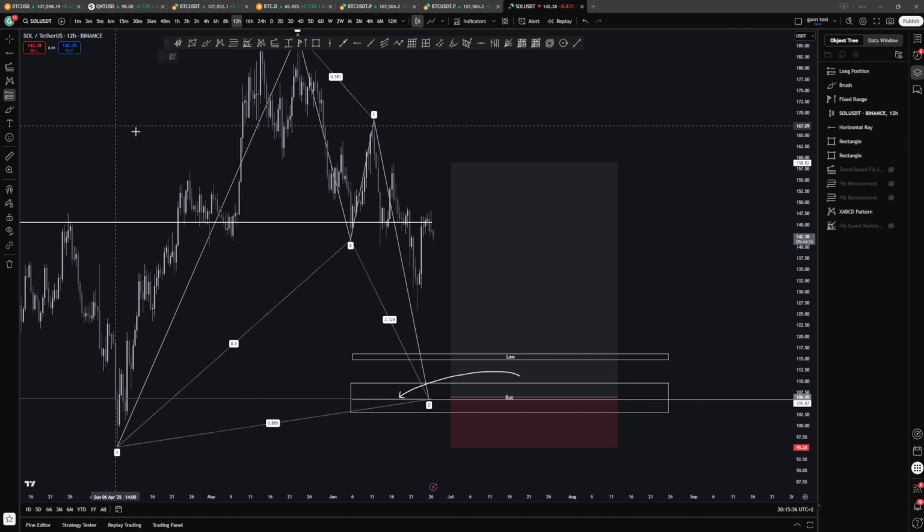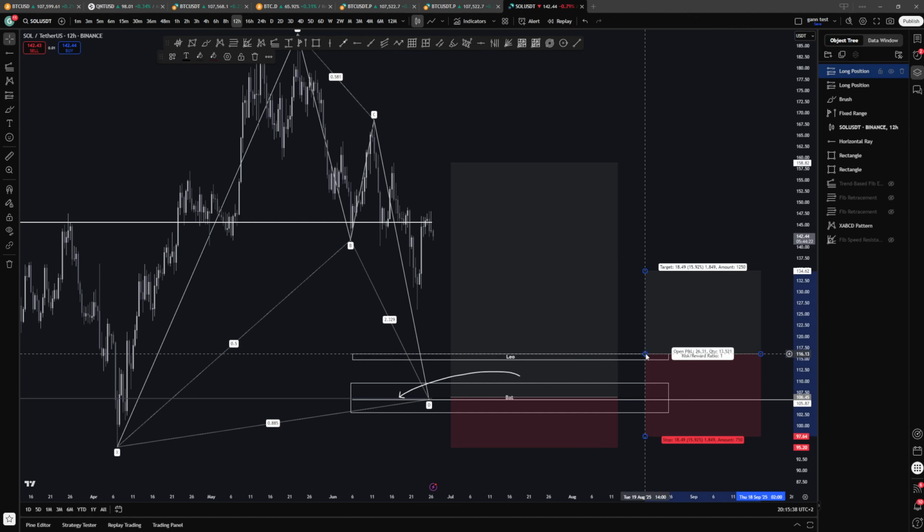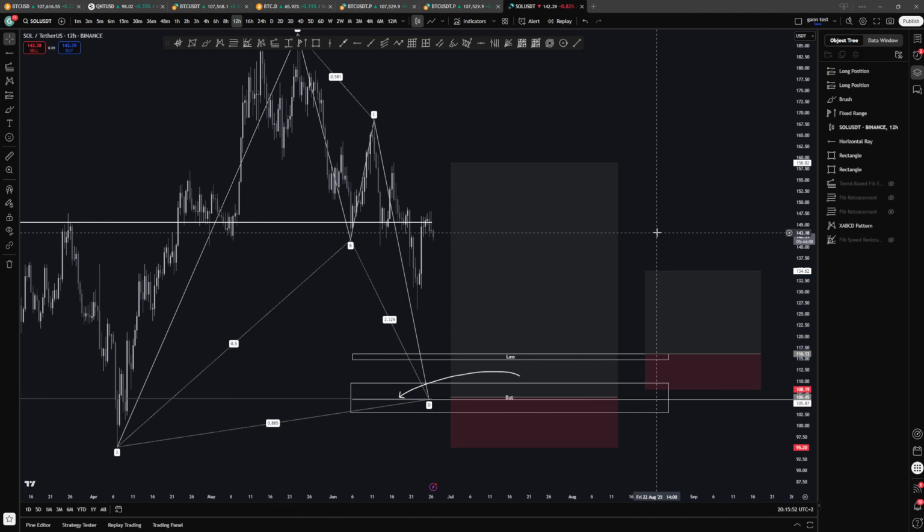And apart from that, and this would be more of a trigger play, this will be harder on the execution, I would place a play right at that low. Now, this stop loss would not be set in stone. This would be entirely based on the price action you get.